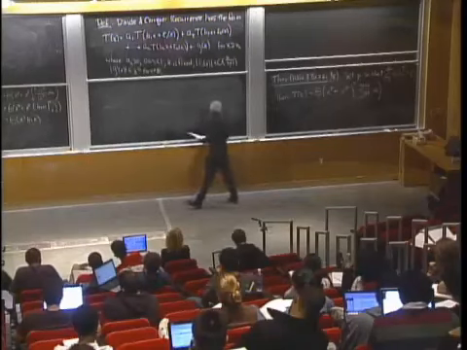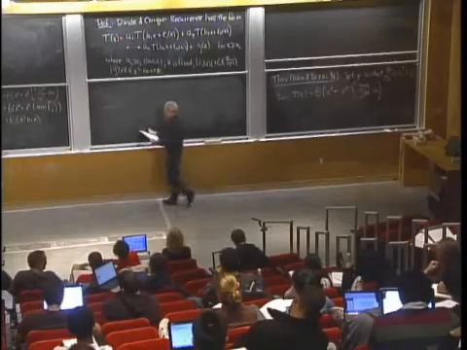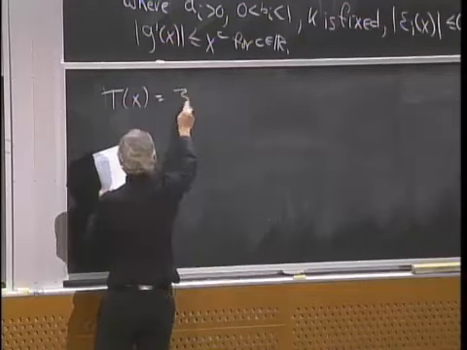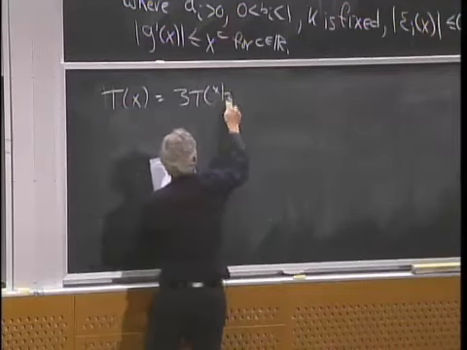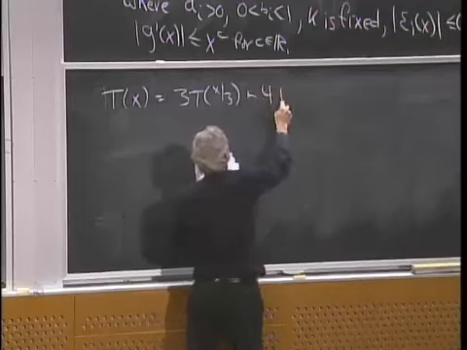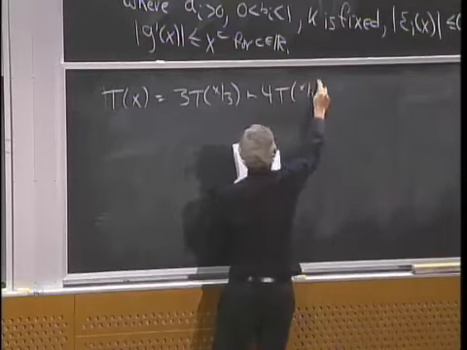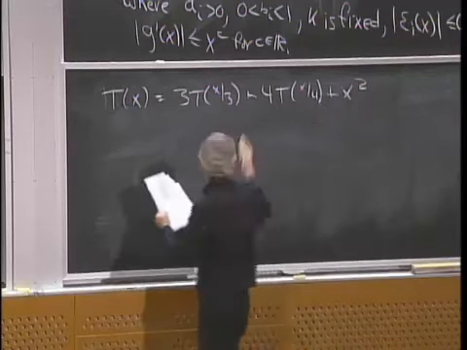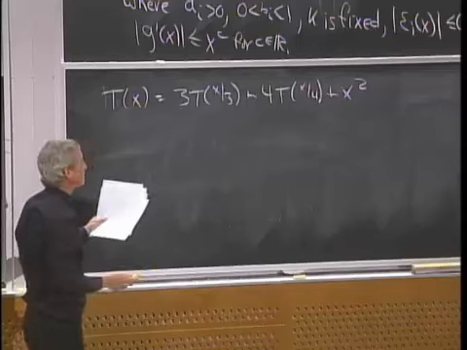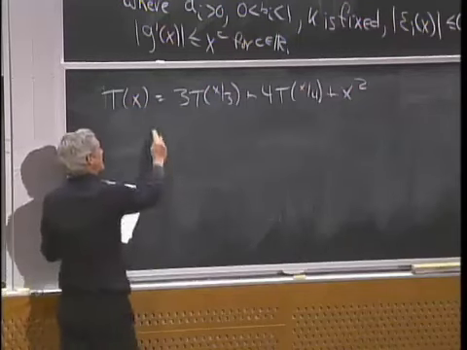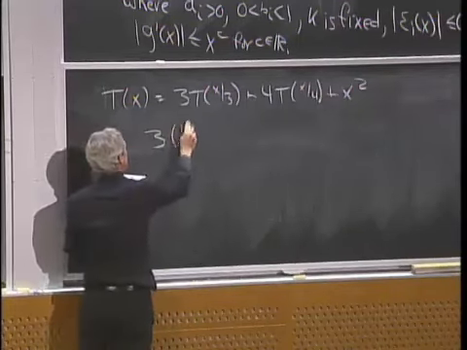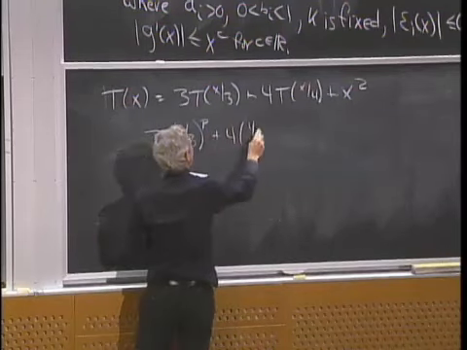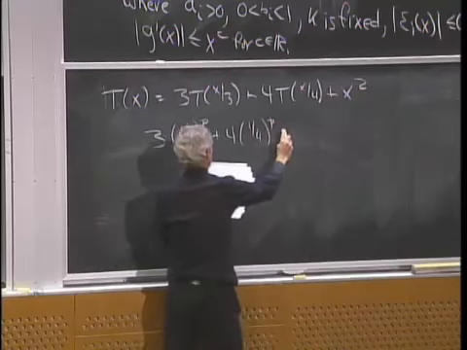Let's look at this recurrence: T(x) = 3T(x/3) + 4T(x/4) + x squared. All right, so that's the recurrence. The first step is to compute p, and this time it's not going to be nice. I need to find a p such that 3 times a third to the p plus 4 times a fourth to the p equals 1.